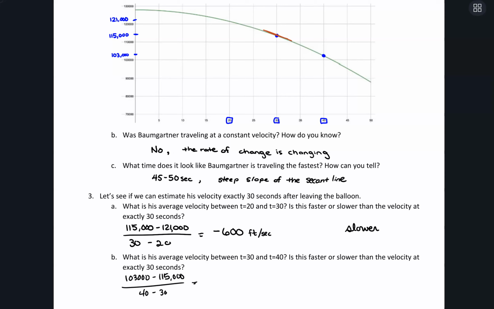And let's see what we get out there. So 103,000 minus 115,000 over 10. And that's a negative 1,200 feet per second. So that definitely went more steep there.